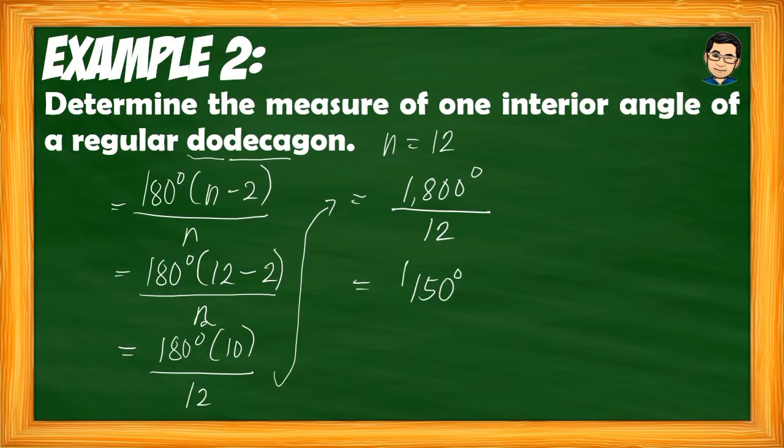So, ibig sabihin, ang isang interior angle ng regular dodecagon ay may sukat na 150 degrees. So, again, to check if your answer is correct, we'll just multiply 150 degrees to the total number of sides of a dodecagon, which is 12. We'll get 1,800.